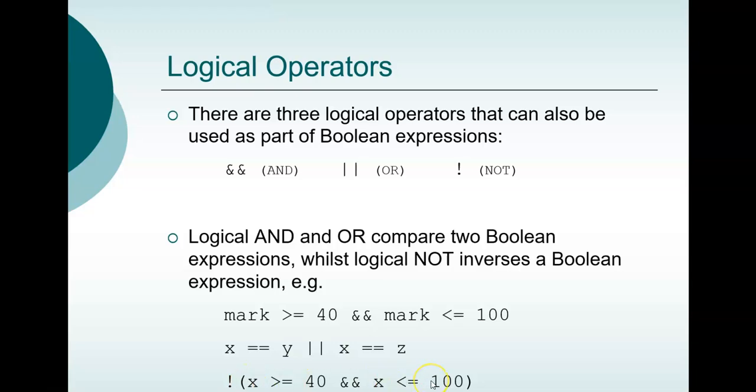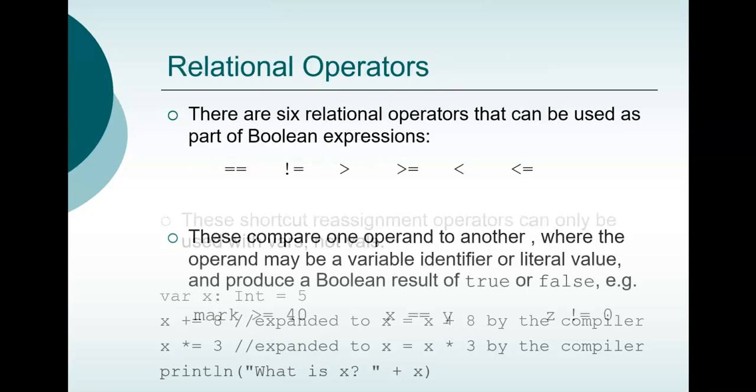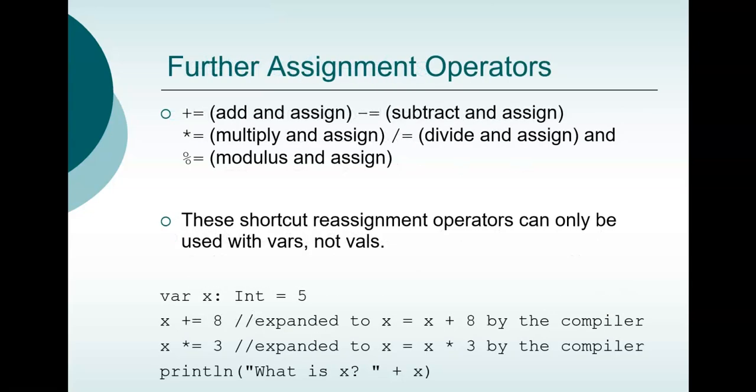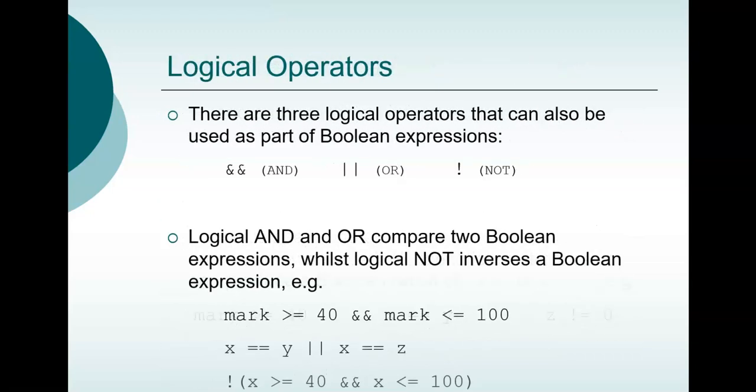If it is false and it negates, it becomes true. So these are some of the operators. You need to understand logical operators, relational operators, and assignment operators, and also arithmetic operators.